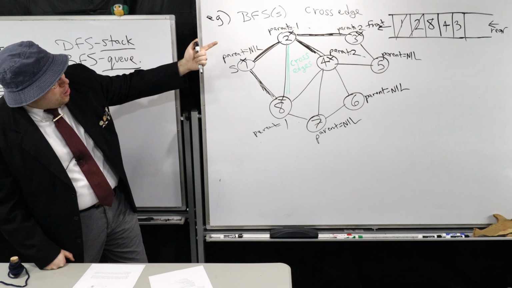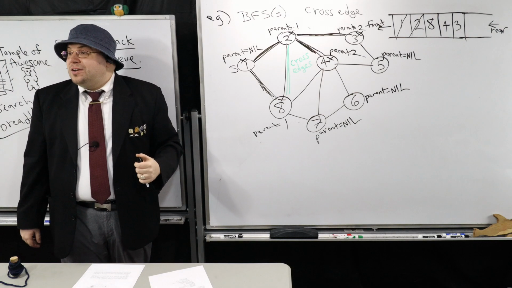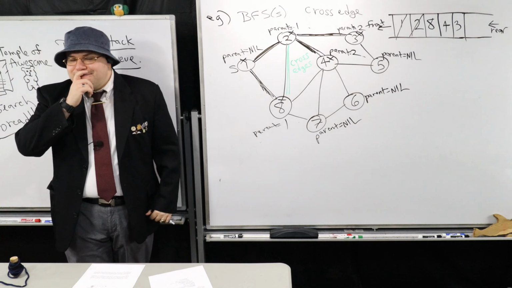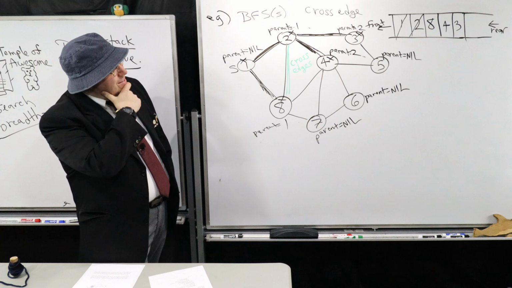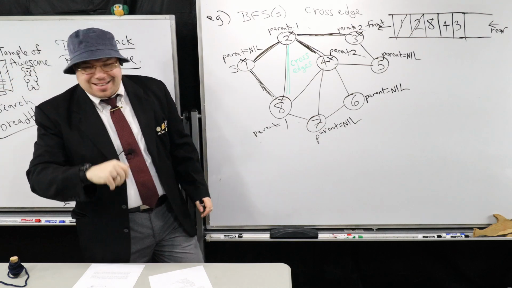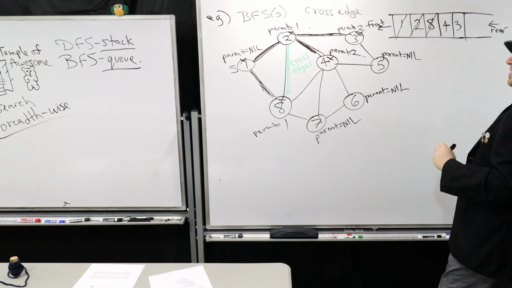I have considered all my incident edges on vertex 2, so I'm done with 2. So what's coming next? Yeah, I'm DQing 8. Exactly. 8's coming out of the queue. It's 8's turn.